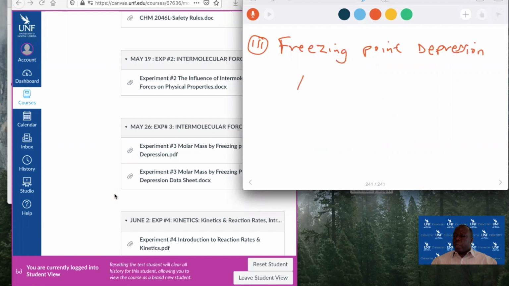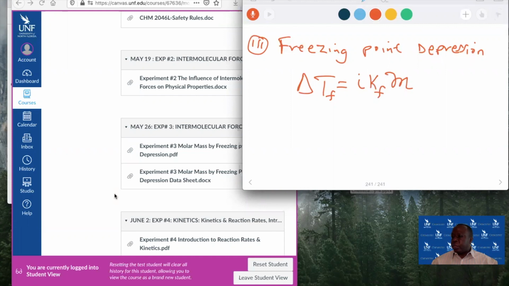Just like boiling point, the change in freezing point means the difference between the freezing point of the pure solvent and the solution, delta T subscript F, F for freezing point. What this means is the freezing point of the pure solvent is always higher than the freezing point of the solution. In the same way, we use the molal freezing point constant of the solvent, the van 't Hoff factor i is the same, and this is also the molality.